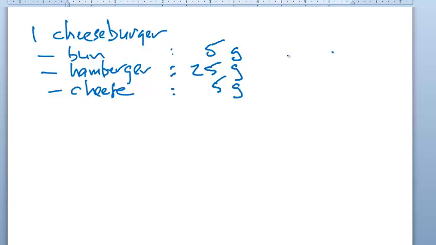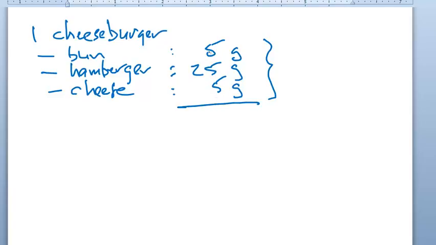Okay, and we could very well ask the question, in terms of percent mass, what percent of the total mass of our cheeseburger is coming from the bun, and what percent of the mass is coming from the hamburger, and so on. And if we were to do that, it'd be pretty straightforward, right?